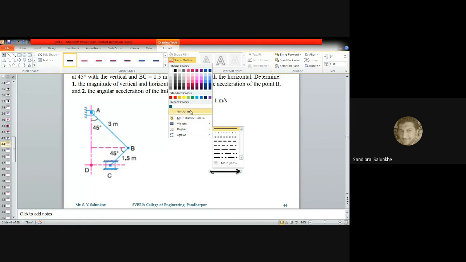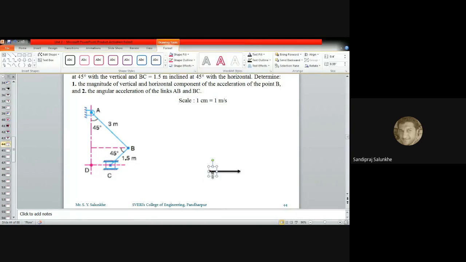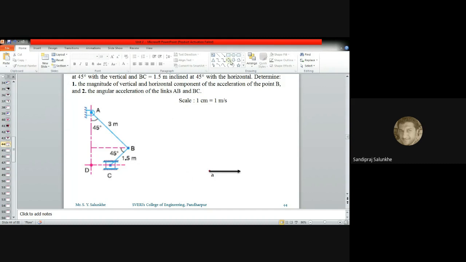Assume that this vector is of 1 centimeter. At the tip of this vector, as we have drawn here, A, at the tip we can have point C. One more thing: why I have drawn this vector perfectly horizontal is because all the points on the slider move parallel to the line of reciprocation.